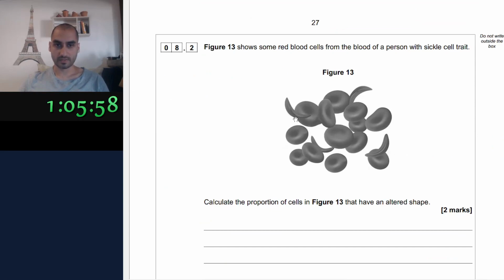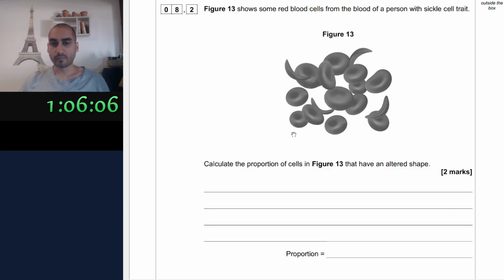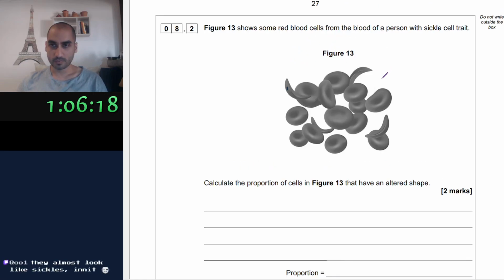So those collapsed ones are the... Calculate the proportion of cells in figure 13 that have an altered shape. Okay, how many cells do we have altogether? They almost look like sickles in it.